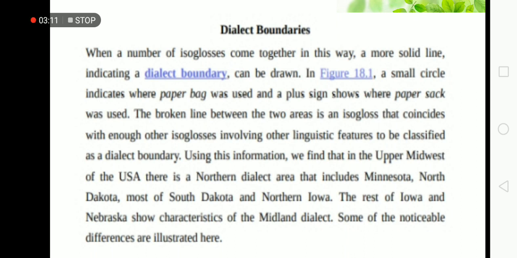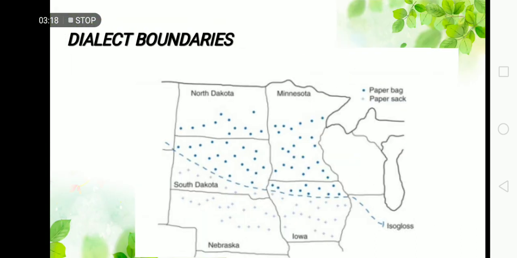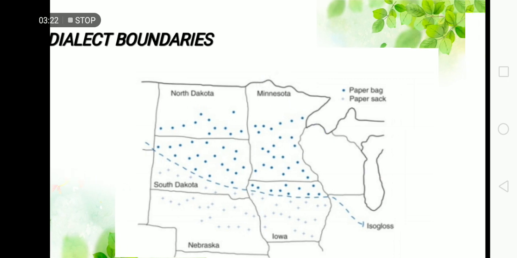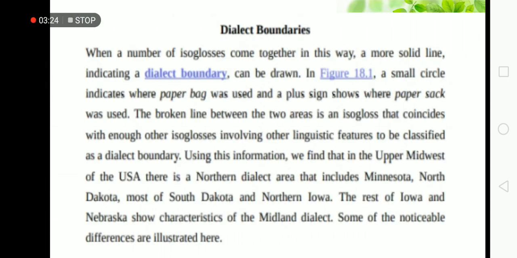Next is dialect boundary. When a number of isoglosses come together in this way, a more solid line indicating a dialect boundary can be drawn in this picture.